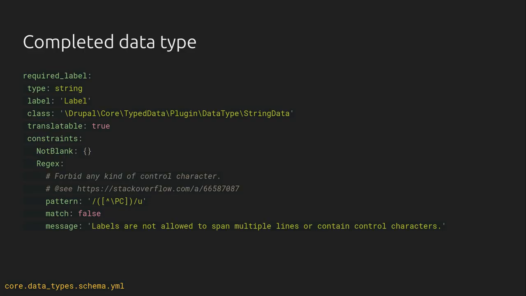It has this class, it has the translatable property, it has both a not blank constraint and the regular expression constraint. So every time you're making a type or building up on a previous type, you're mashing all of these things together to create a complex shape of what a property in a schema is supposed to look like.